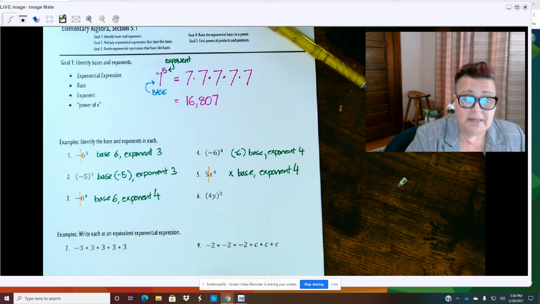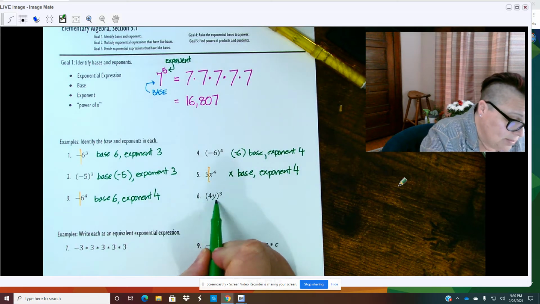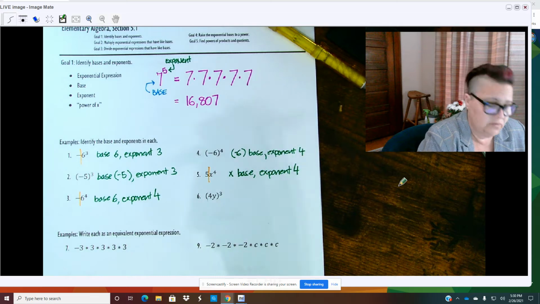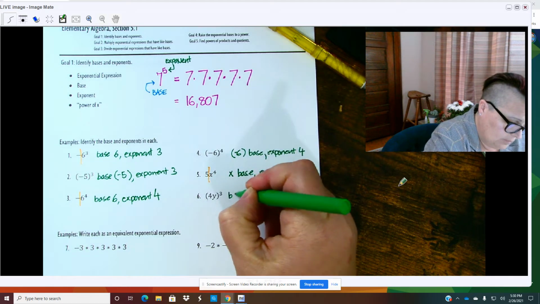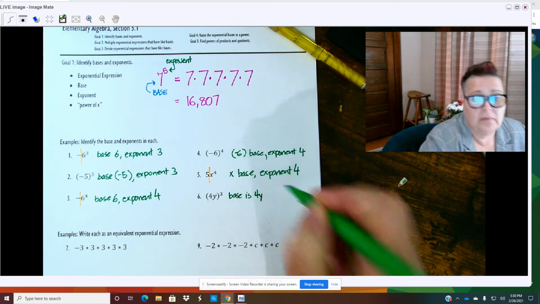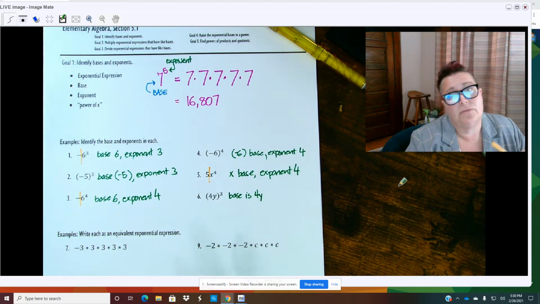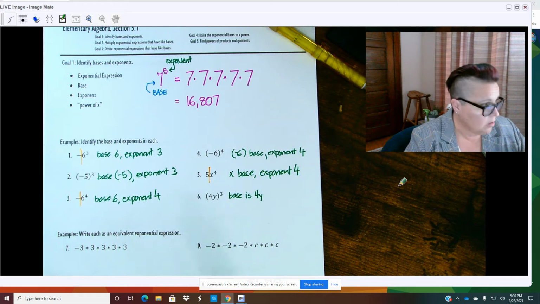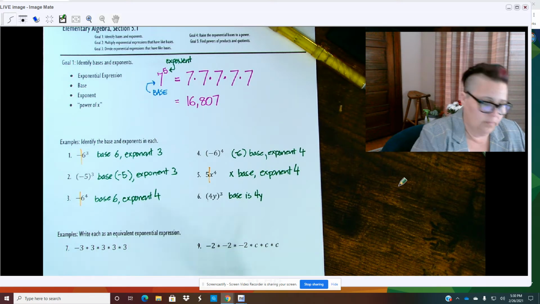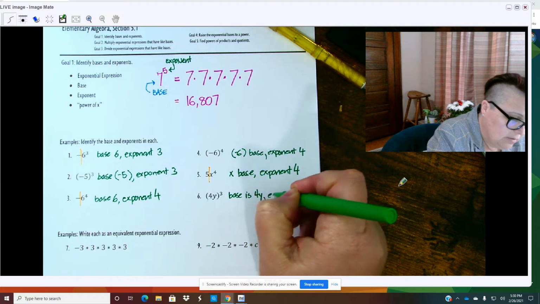However, when we look at the next example, the parentheses tell us I want both 4 and y to be the base. By putting the parentheses around them, I'm telling the world that the 4 and y are one unit together. There is an exponent here of 3.